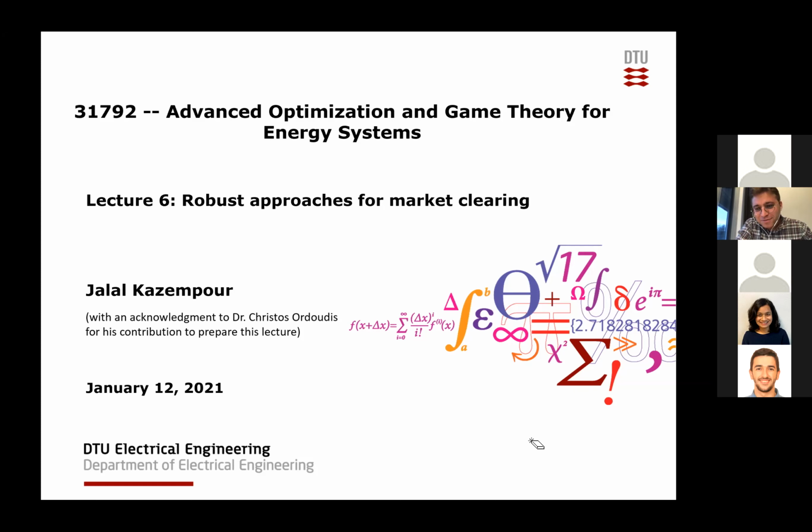Good. But an uncertainty set in practice is way more complicated to construct. It's more complicated than a simple box uncertainty. For example, here is a figure from the PhD thesis of my colleague, Stefanos Delikaraoglou.